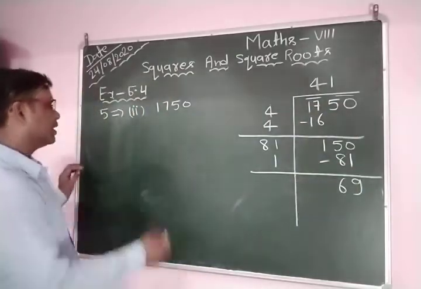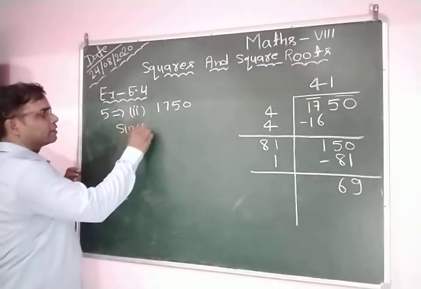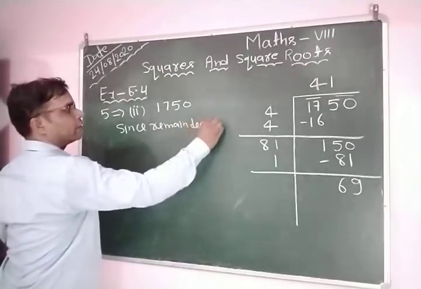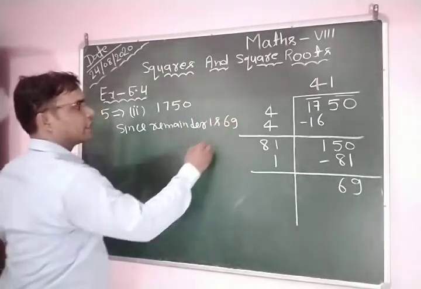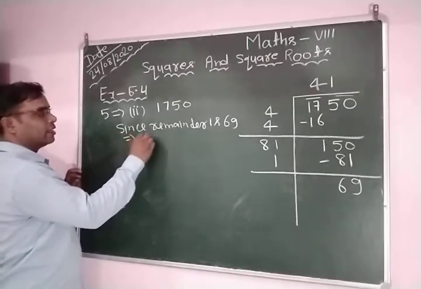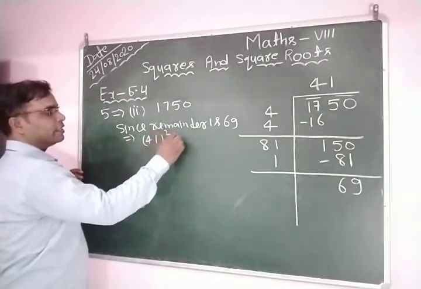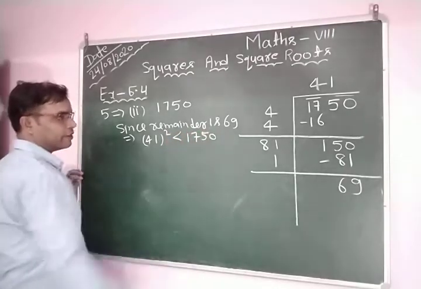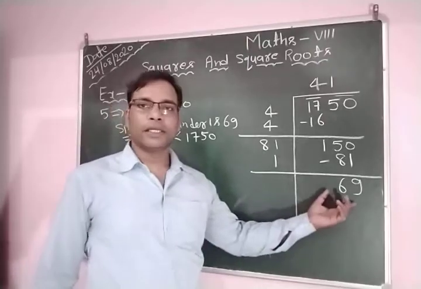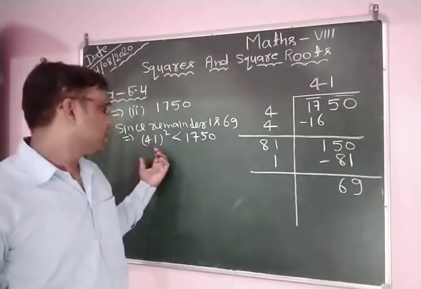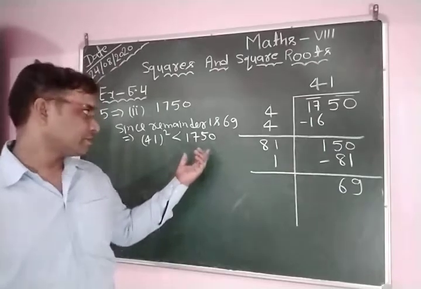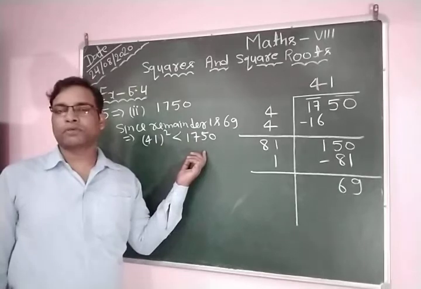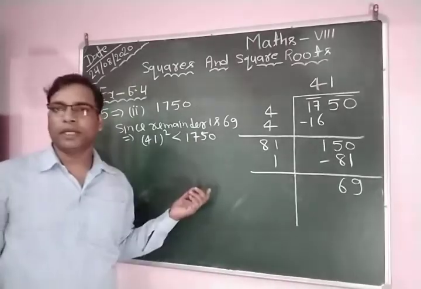Okay, so you can write here since remainder is 69, this implies that square of 41 is less than 1750. Okay, so square of 41 is less than 1750. So what is the next perfect square number? Next perfect square number is 42.